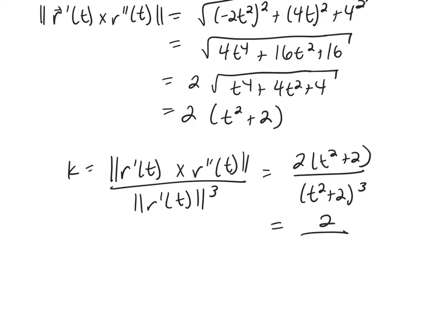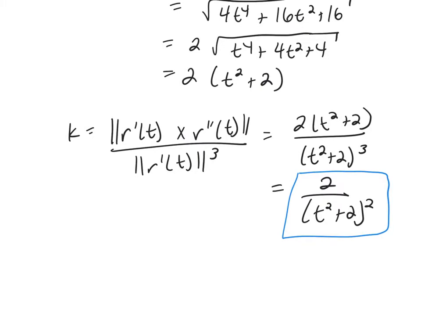So it looks like we get 2 over t squared plus 2 squared. So there is our formula for the curvature, kappa. It's 2 over t squared plus 2 squared.